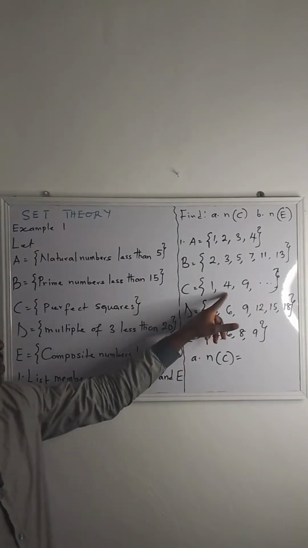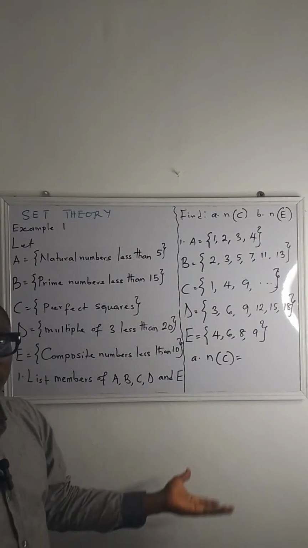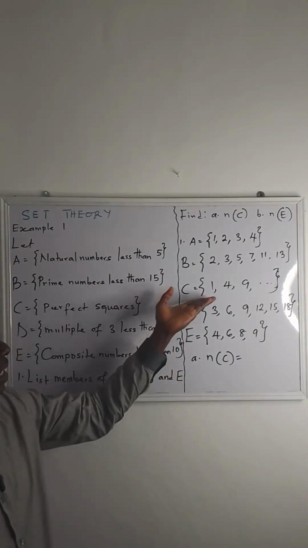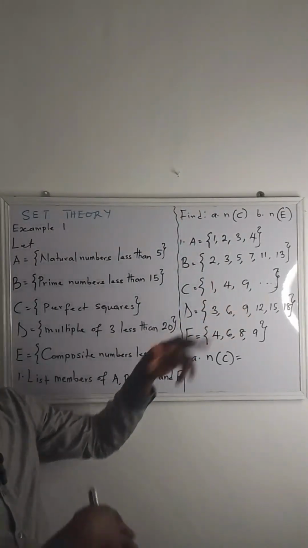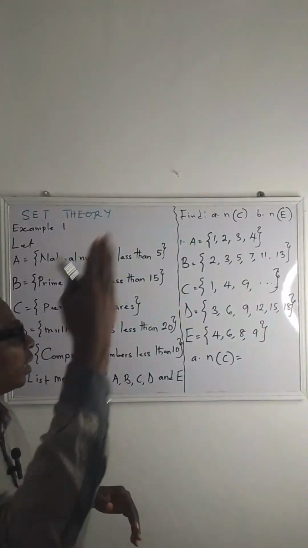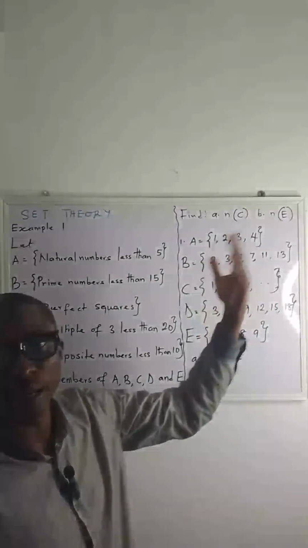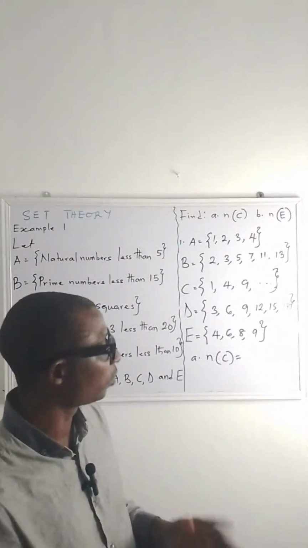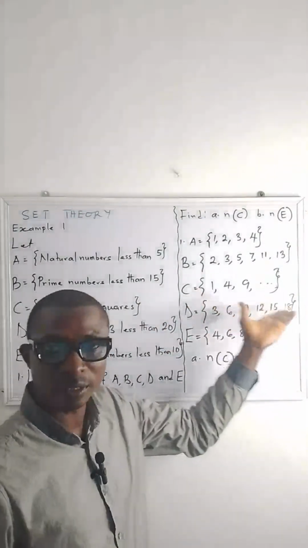When you look at set C, you cannot count all the elements, so it is uncountable. The set here is infinite: we have perfect squares 16, 25, 36, 49, and so on. They continue like that, so you cannot count all the elements.